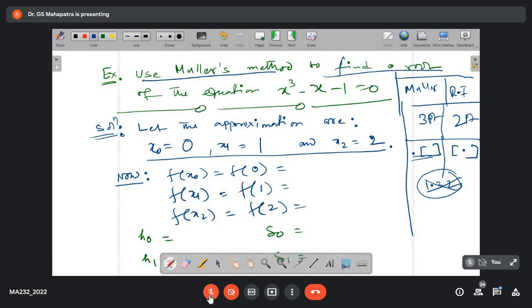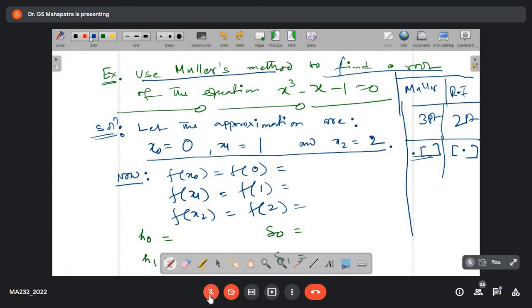No problem. Now I have already shown you the graph, that figure. This is the initial approximation x0, x1, x2. What is f of x naught? That means f of 0 is minus 1. So all this input I need from you.